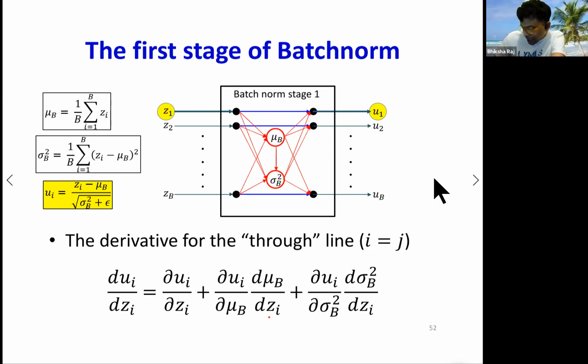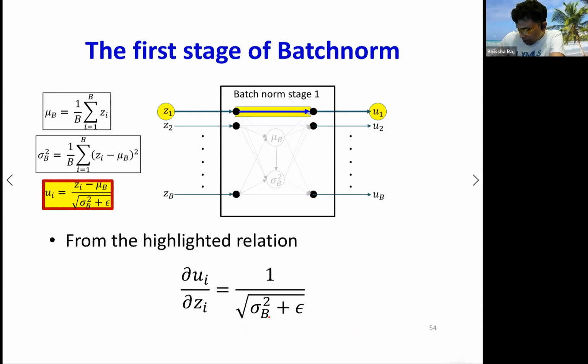Here is the complete derivative for the through line. dUi over dZi is the partial over the direct line, the derivative over the mean branch, and the derivative over the variance branch. Let's compute these terms. Let's compute this first term over here. This is the partial derivative of u with respect to z computed over the direct path. That's going to come from this equation over here, right? That is the one that gives you the direct relation of u to z.